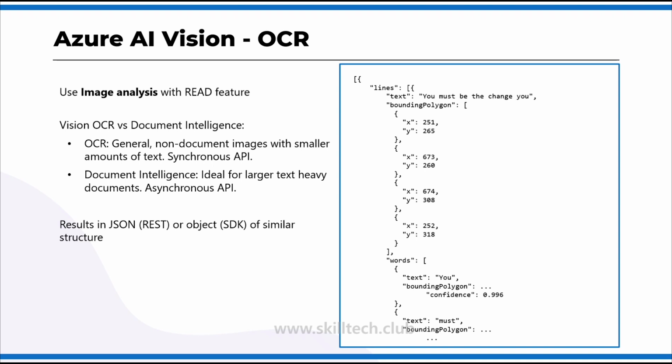OCR is a facility which allows you to read text from scanned documents, PDFs, or any photo. When you're trying to read the text from such an image, most of the time you get a JSON request and response, where on the right side you see the response, which is the text retrieved from the image. It shows the bounding polygon for each word, and also identifies each word with a confidence score.